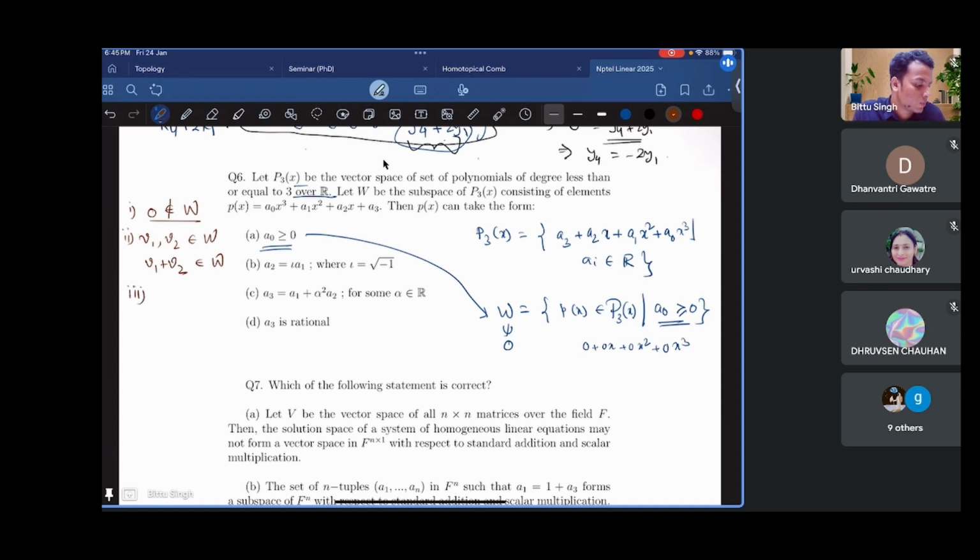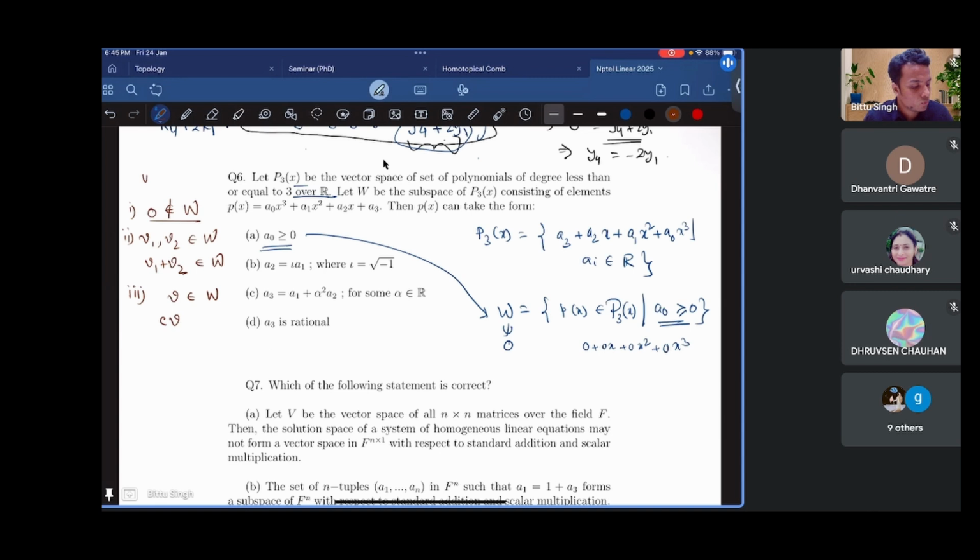The last condition is that if V is in W, then we need to see scalar multiplication. If we scale some vector, it should also belong to the subspace W. Then we'll call it a subspace.